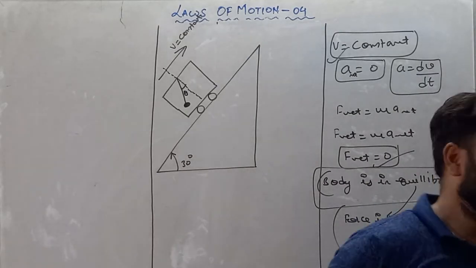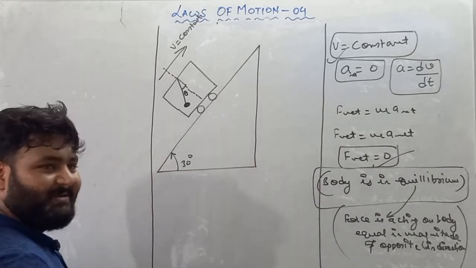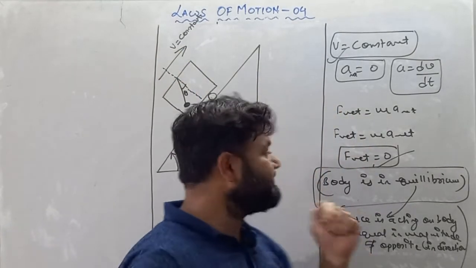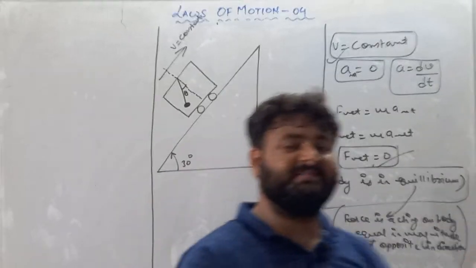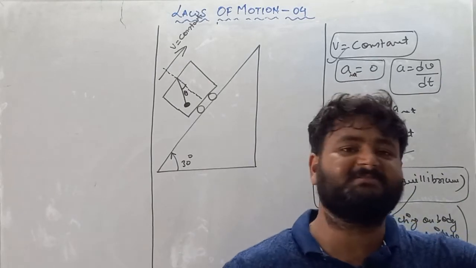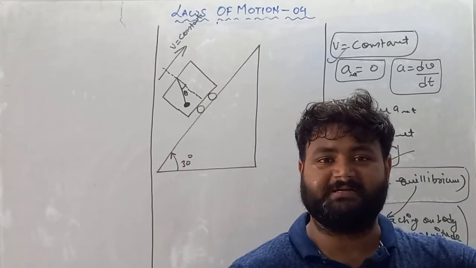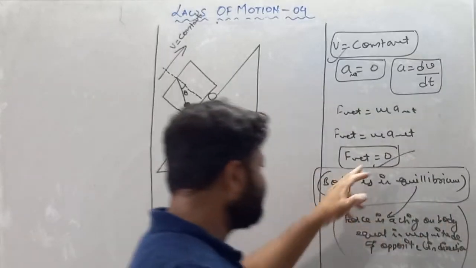So moving forward, my dear student, here F net is 0 because velocity is constant. If velocity is constant, it implies net acceleration is 0, because velocity is not changing, and if velocity is not changing, then acceleration is not acting on body. And if acceleration is not acting on body, it implies F net is 0.